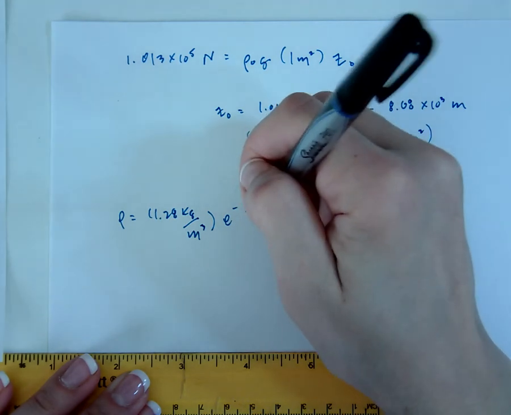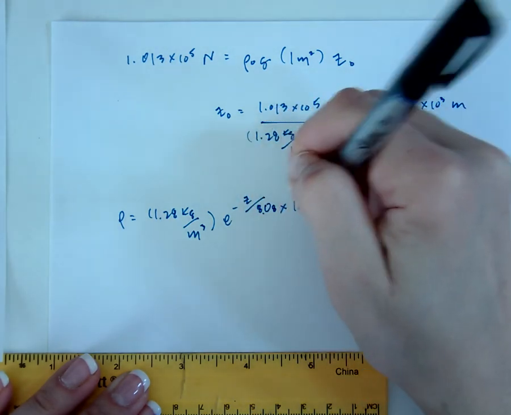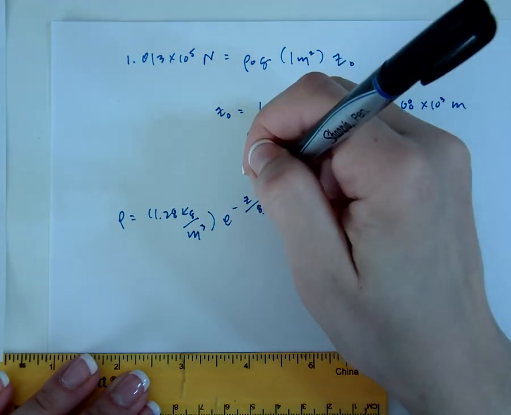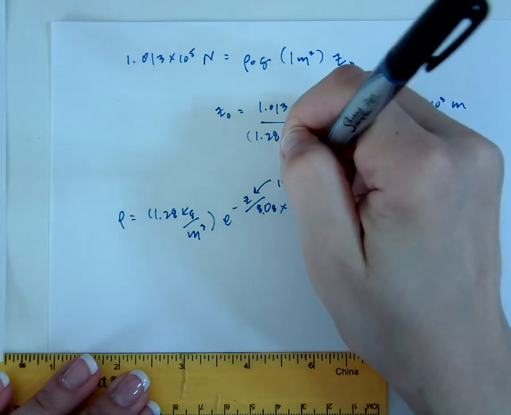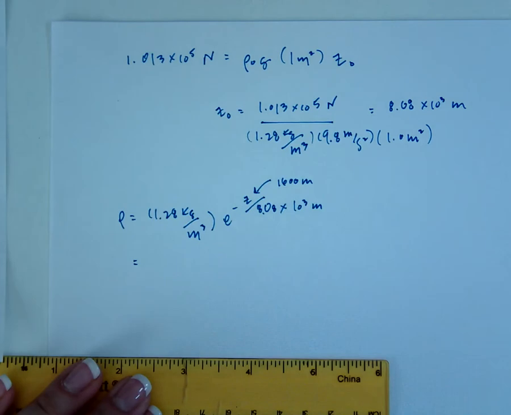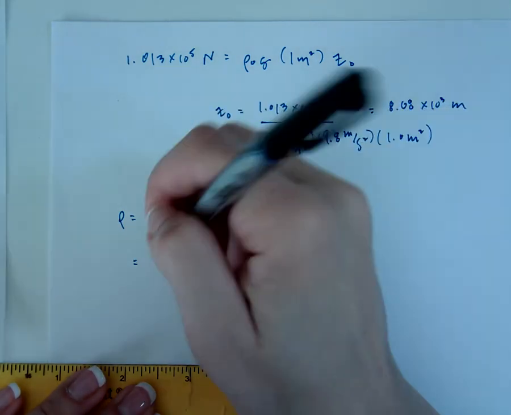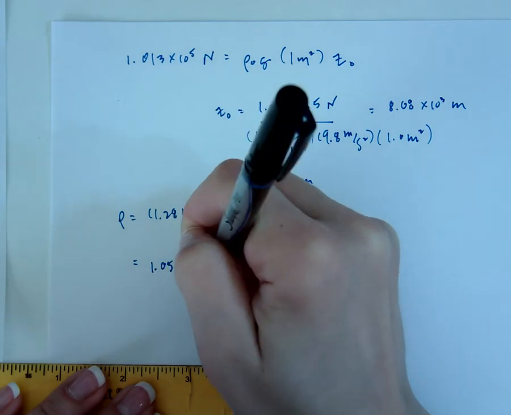But now we know z naught is 8.08 times 10 to the 3 meters. So now if we plug in 1,600 meters for z, we're going to get that the density of the air in Denver at 1,600 meters above sea level is 1.05 kilograms per cubic meter.